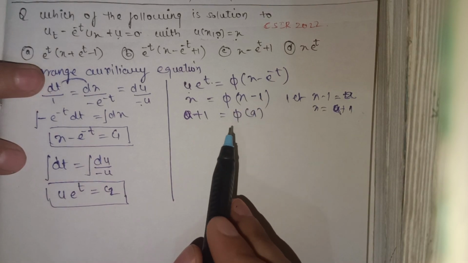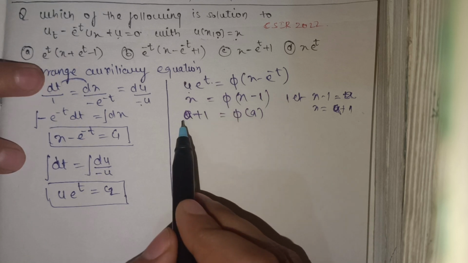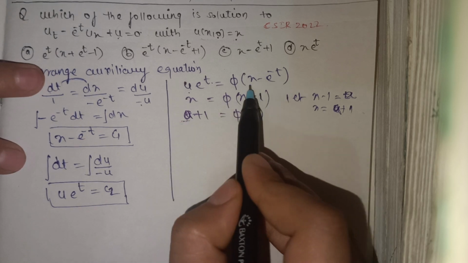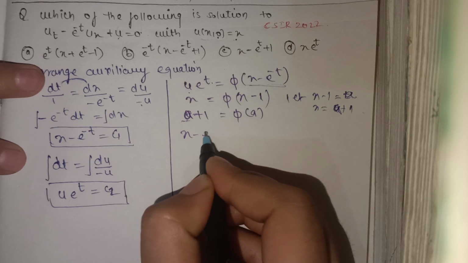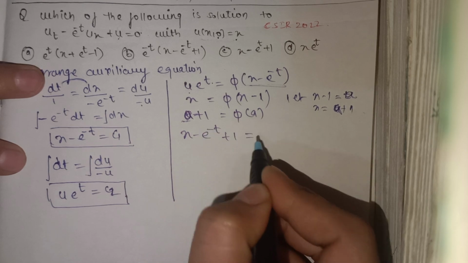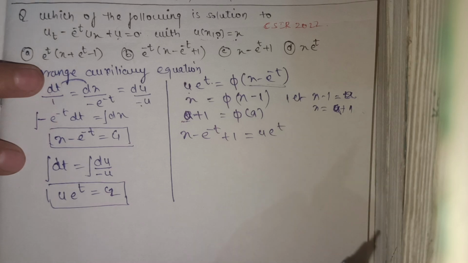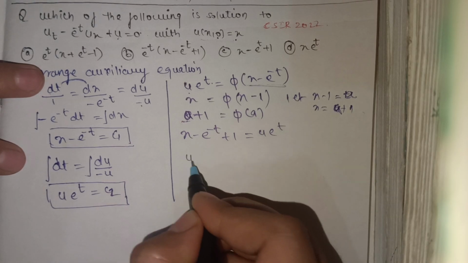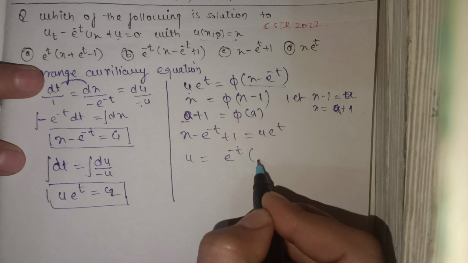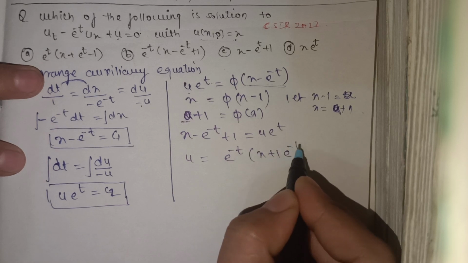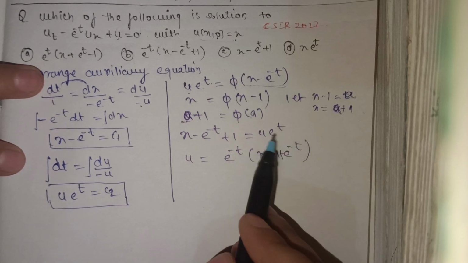Now the same procedure. In place of a we will put x minus e to the power minus t, plus 1, and phi of a is equal to u e to the power t. This is a matter of solving. So what we get? e to the minus t times x plus 1 minus e to the minus t.